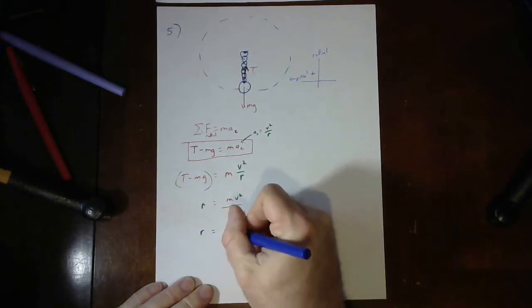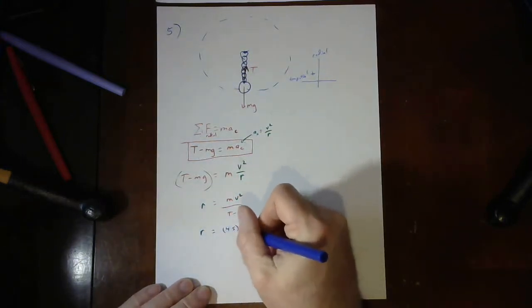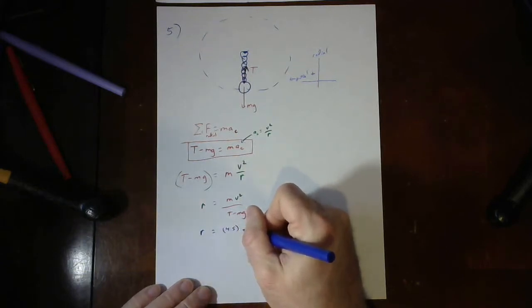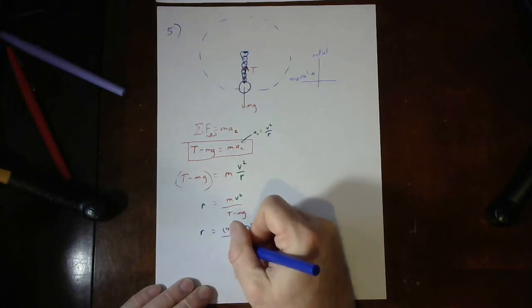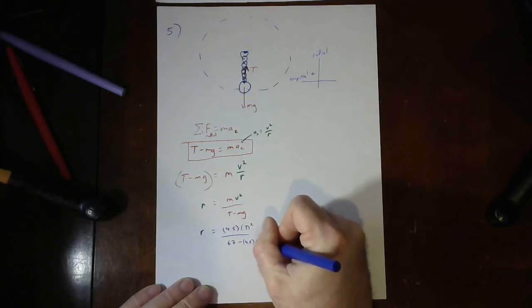So that radius of the circle: 4.5 kilograms times a speed of 3 meters per second squared, divided by that tension, 67 newtons, minus that mass times 9.8.